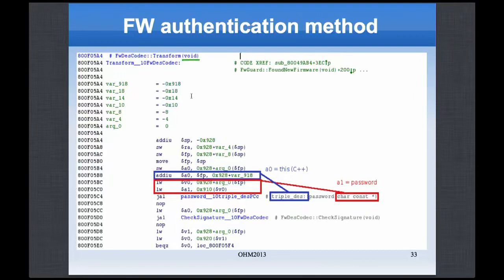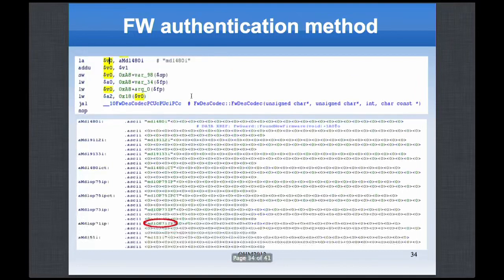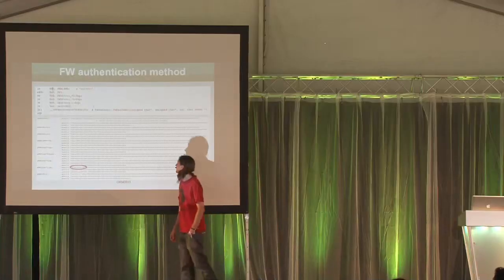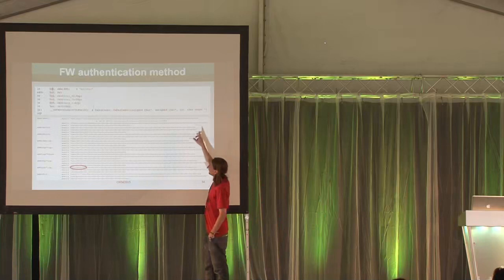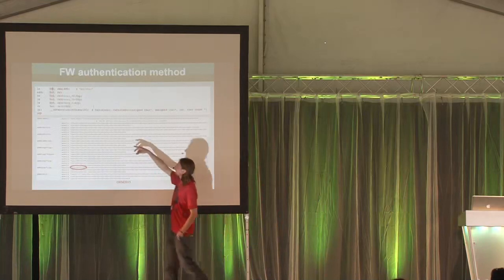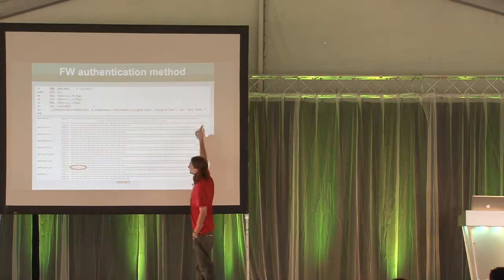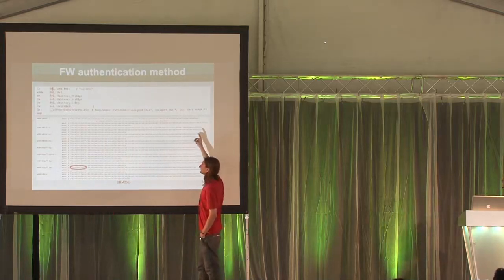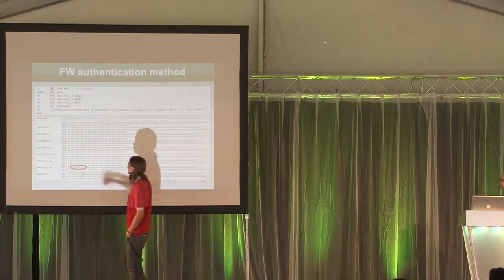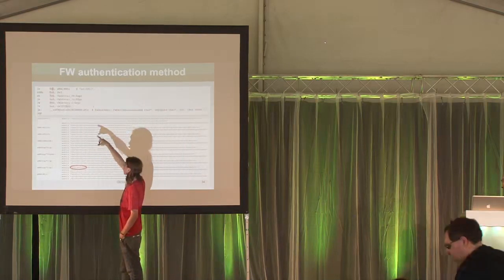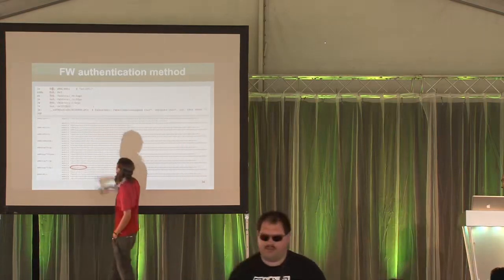If we go back in the code, we find the constructor of the FWDES codec, which takes a lot of input. So even without doing the full analysis of it, we notice that V0, the last argument actually, which is probably the key for the triple des, is pushed on the stack and it was in V0.